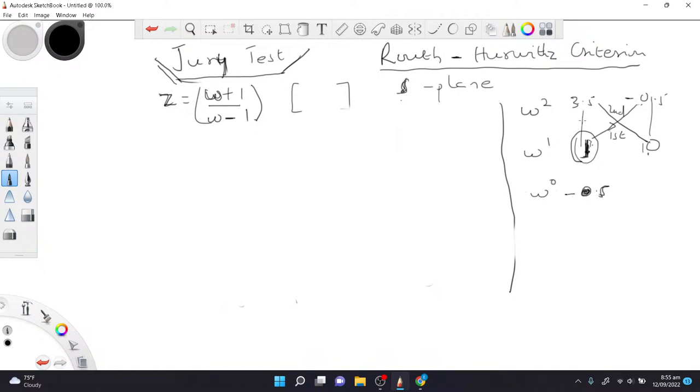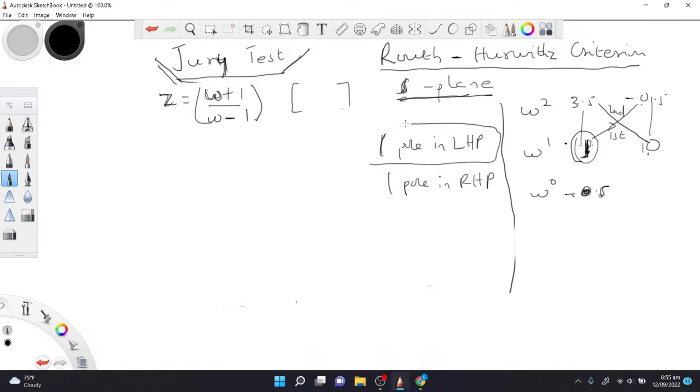So you check from here to here, there's no sign change. No sign change means you have a pole in the left half of the S plane. So I'm talking about the S plane. That you have one pole in the left half plane. Then from here to here, there's a sign change. That means I have one pole in the right half plane.